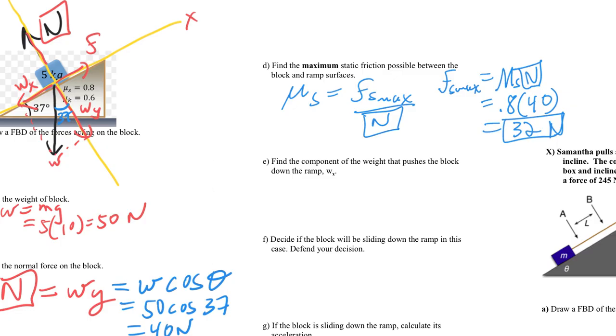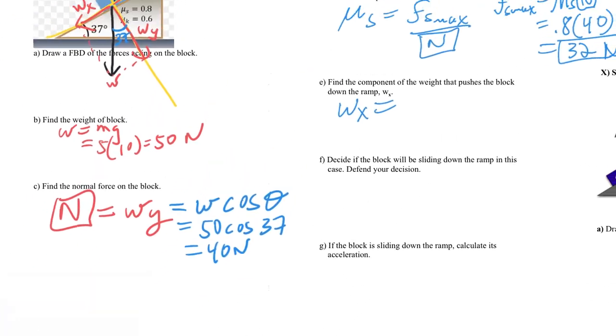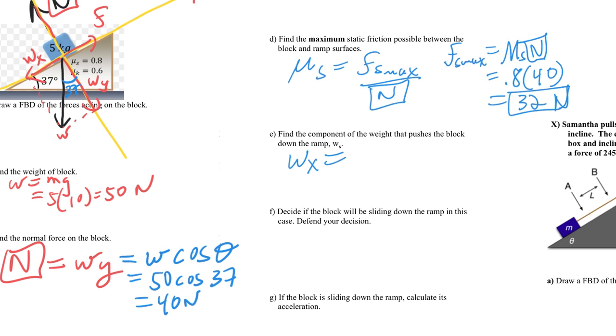Okay, find the component of the weight that pushes the block down the ramp. Okay, so that's Wx, duh. So I already did that. No, I didn't do it. Okay, so that is the x component, but remember, because the angle's from the y-axis, we gotta flip it as if it was from the x.